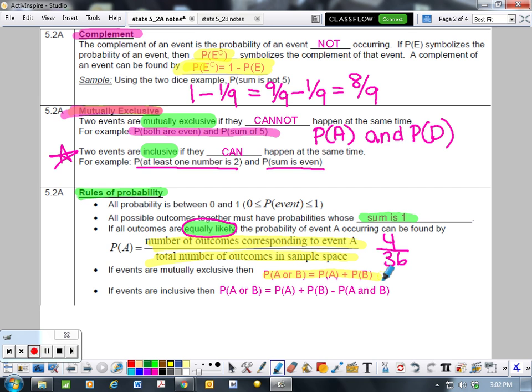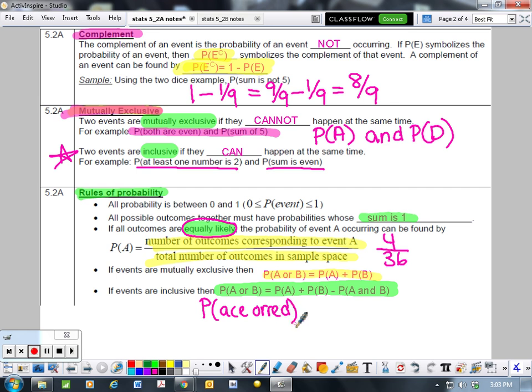But if they are inclusive, we have to take into consideration the fact that we have overlapping outcomes. A great example that we like to look at for inclusive is a deck of cards. What's the probability of getting an ace or a red card?